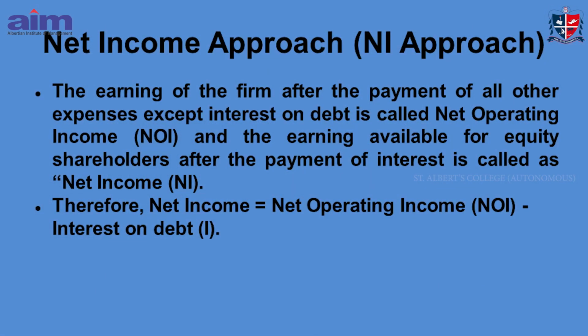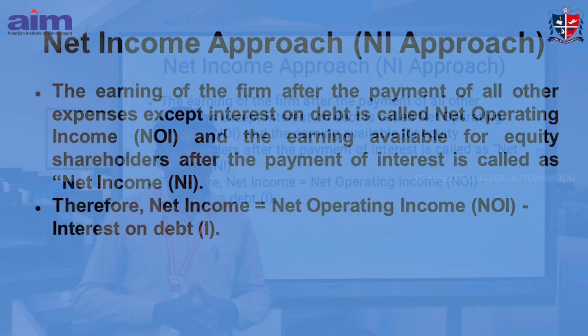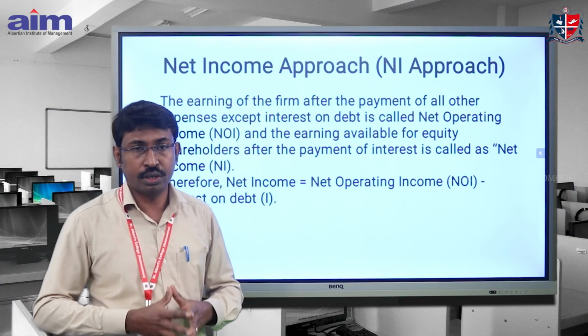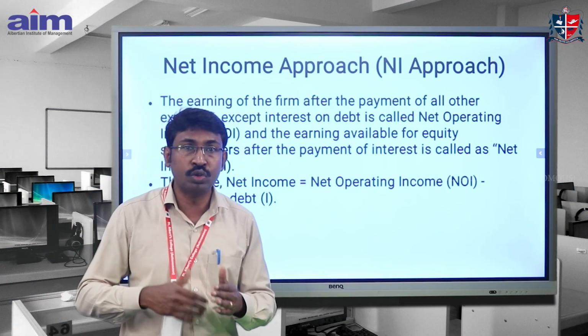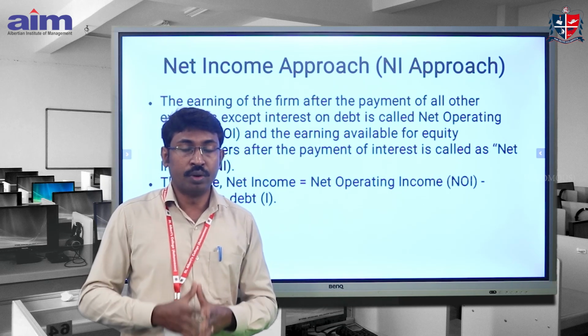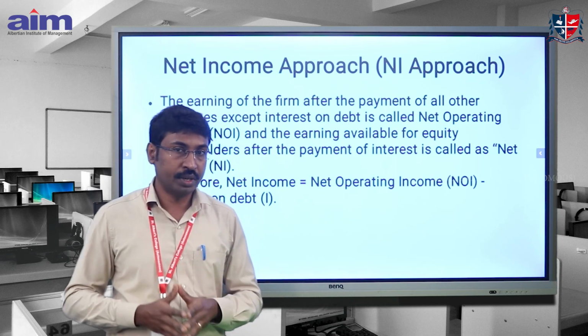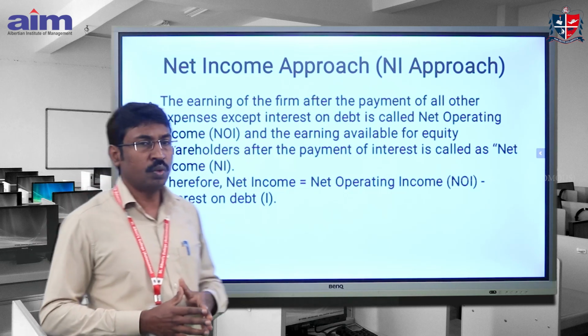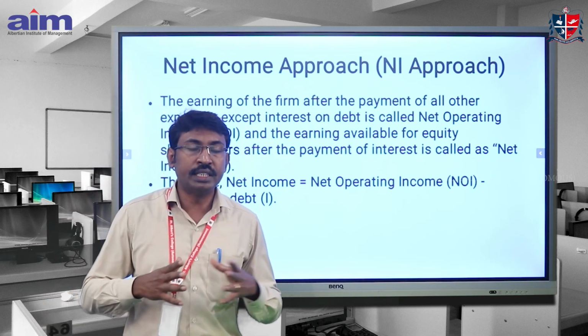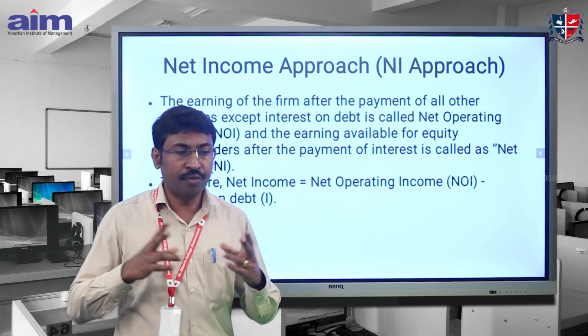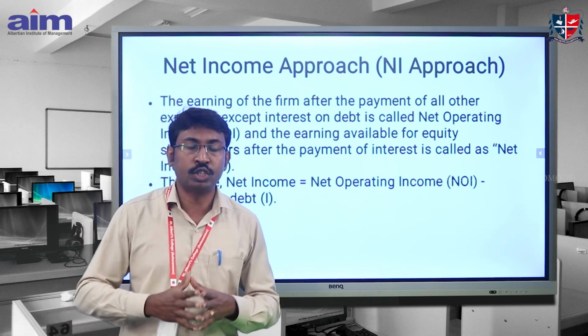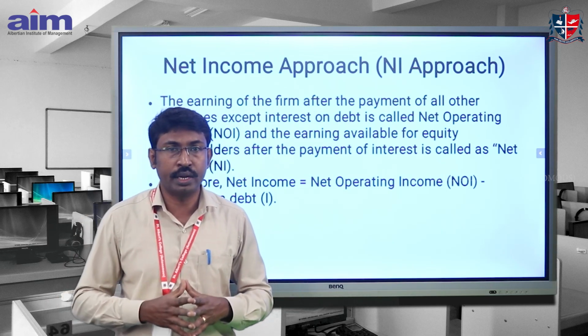So what are the components of this approach? How to determine the value of the firm under this argument, that we need to see. So, net income approach. What do you mean by net income? We have two types of income. One we call operating income, and another one is net income.